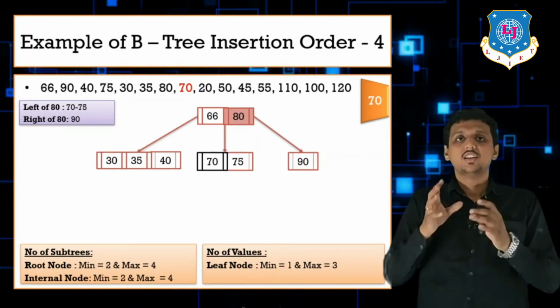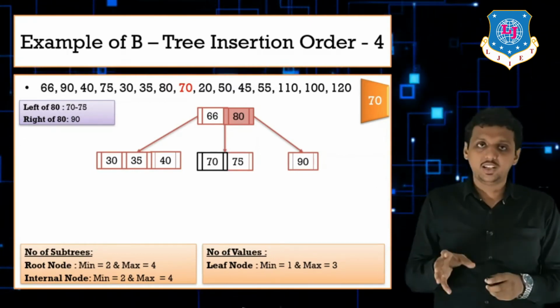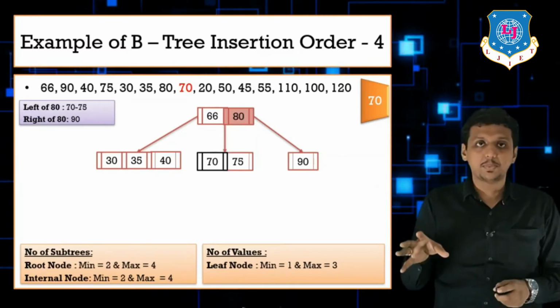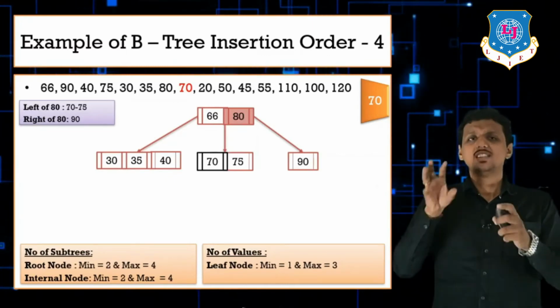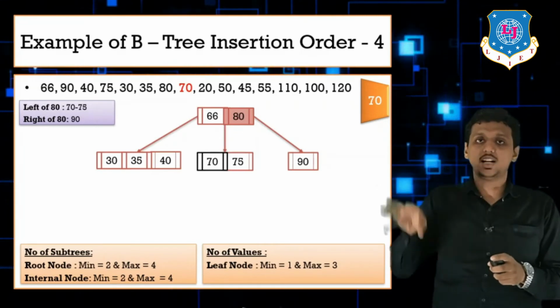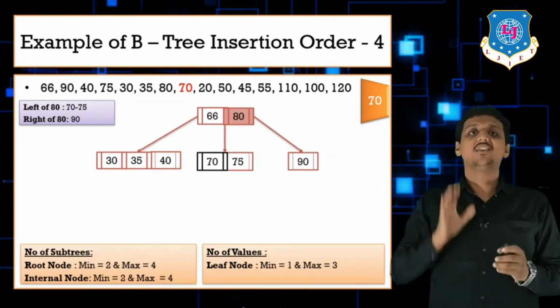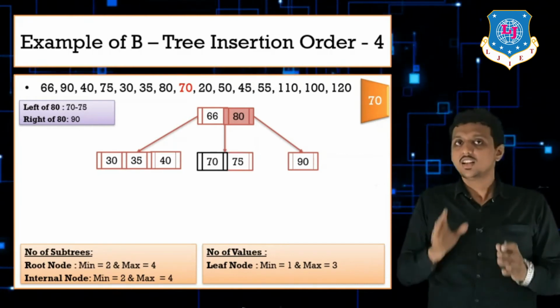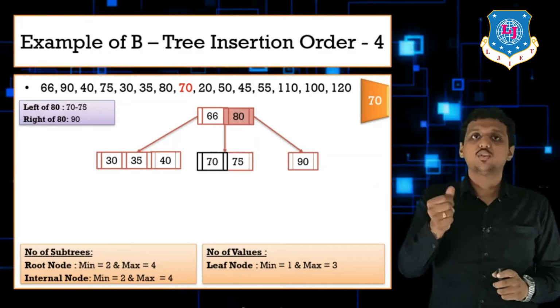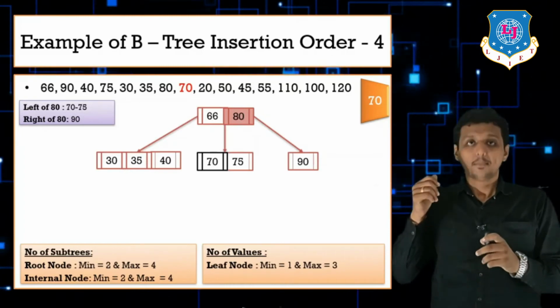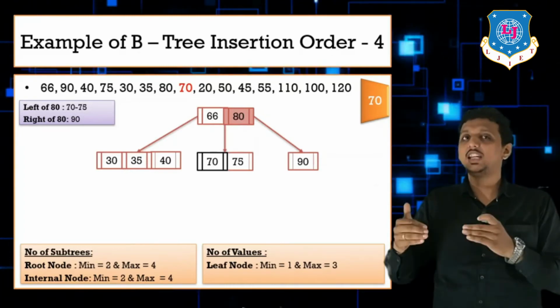So what we did, we wanted to insert 70 over there, but there is not enough space, so I just need to move the middle term of that node to the parent node. On the parent node, students, we have 66, there is only one element. So I just need to connect 80 with 66.